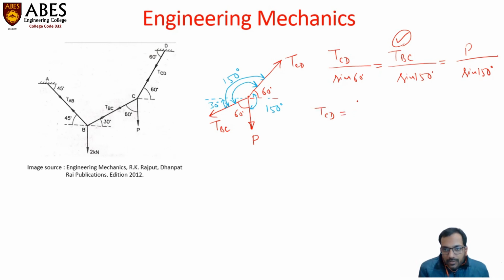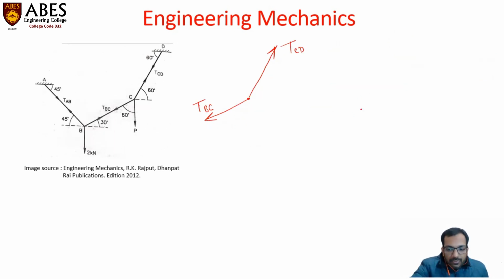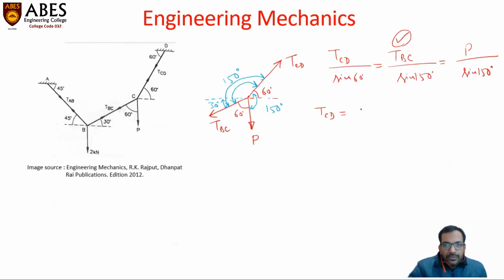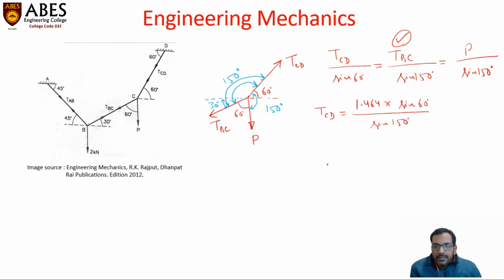TCD will be equal to TBC. The value of TBC was 1.464 kilonewton, multiplied by sine 60 degrees upon sine 150 degrees.